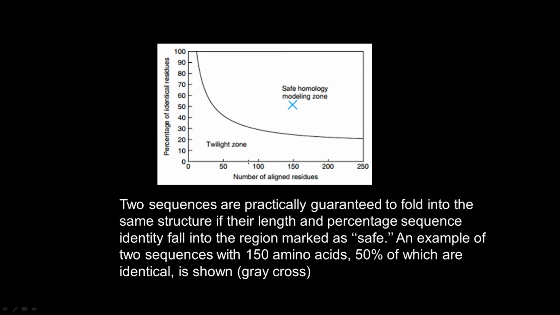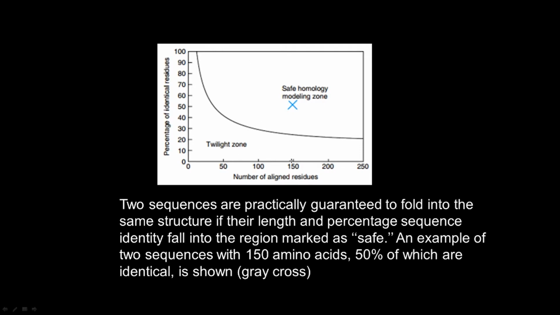So if I have 100 and I get about 30%, chances are the three-dimensional structure will be almost right. Two sequences are practically guaranteed to fold into the same structure if their length and percentage sequence identity fall in this region.